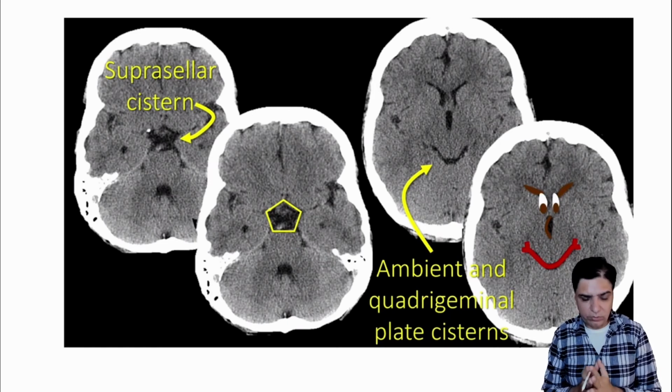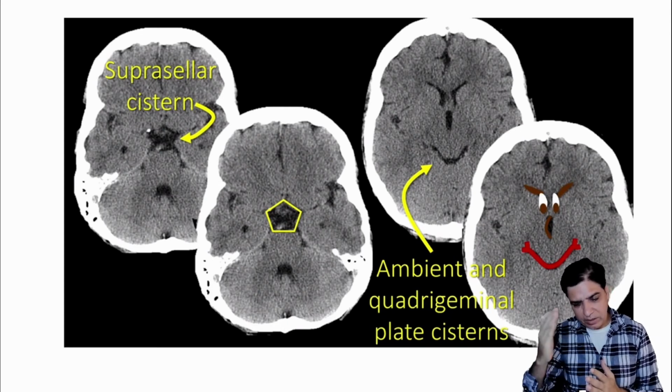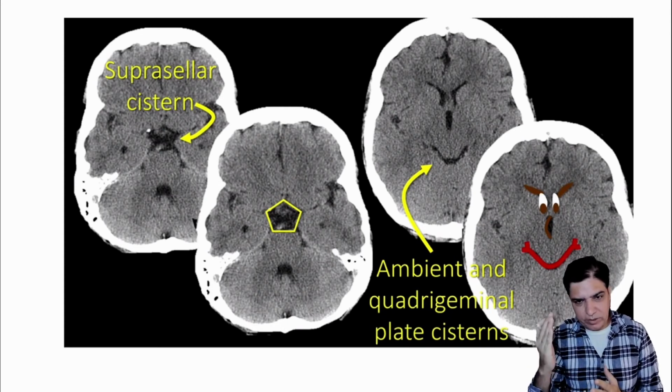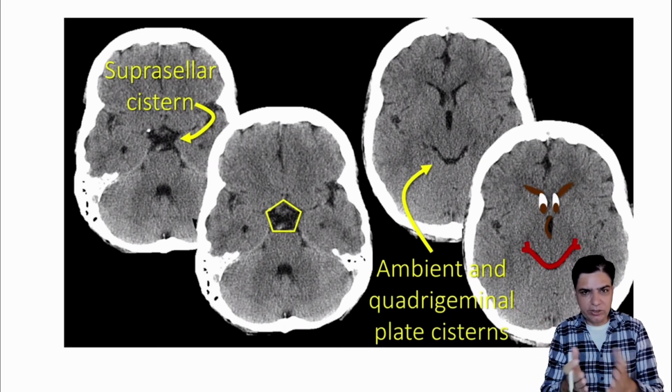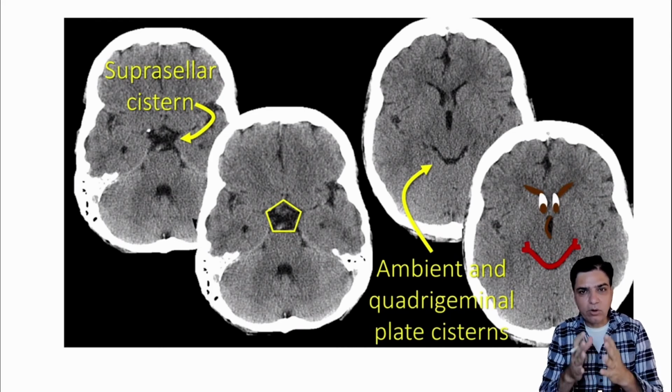So there are two types of mass effects. One is the subfalcine herniation, and the other is the subtentorial herniation. The subfalcine means that between the falx cerebri, the pressure would shift part of the brain to the other side. And I just discussed with you that subfalcine herniation always appears as midline shift.